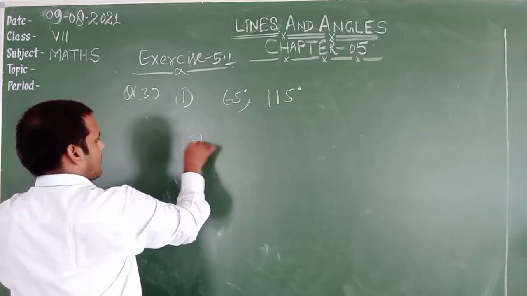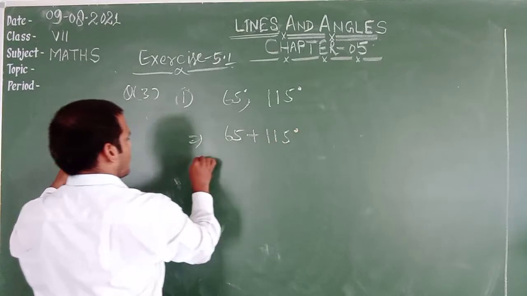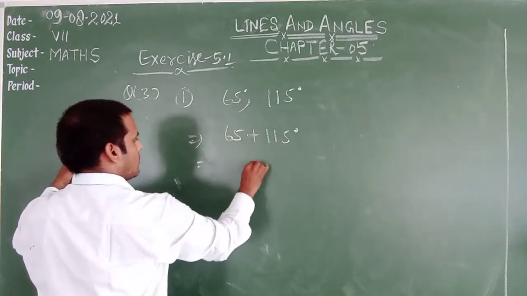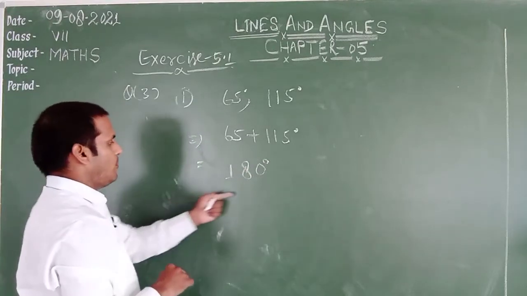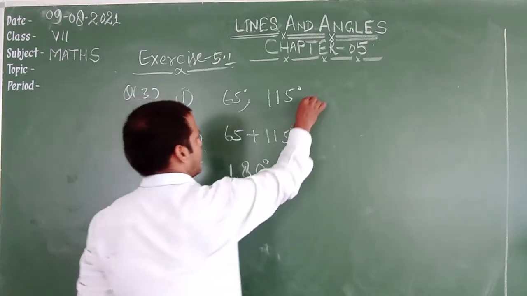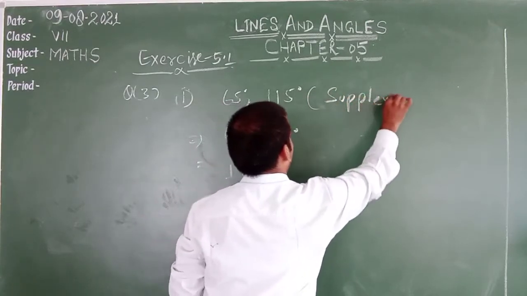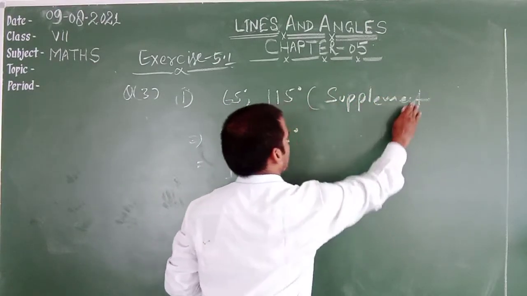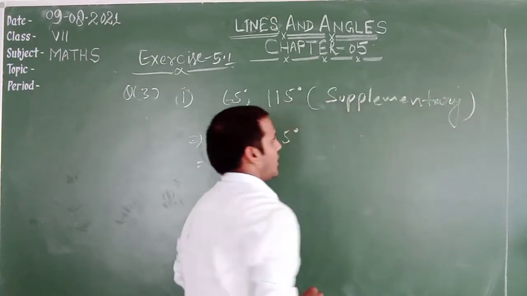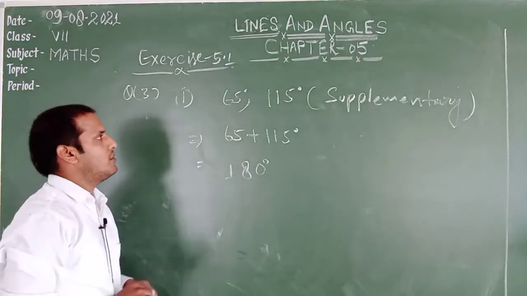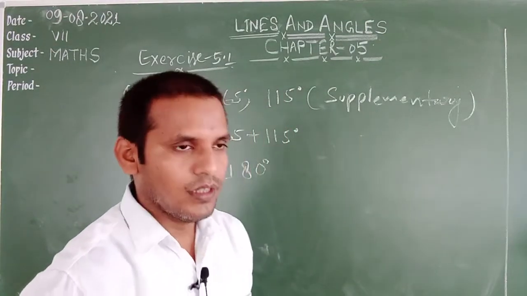We should add 65 plus 115 degrees, which is 180. If the sum of two angles is 180 degrees, it means the angles are supplementary angles. If the sum of the angles is 90 degrees, then they are complementary angles.